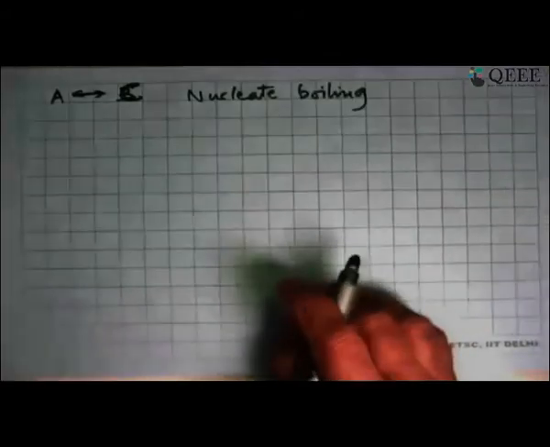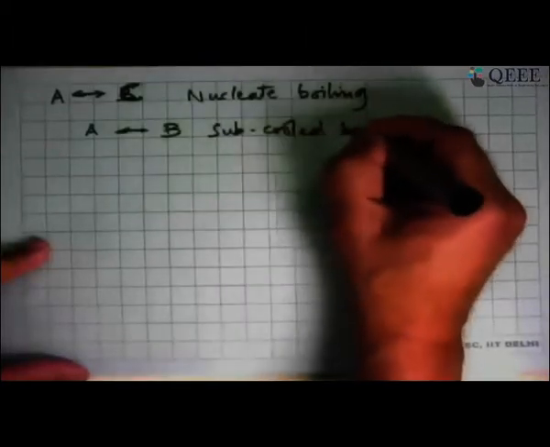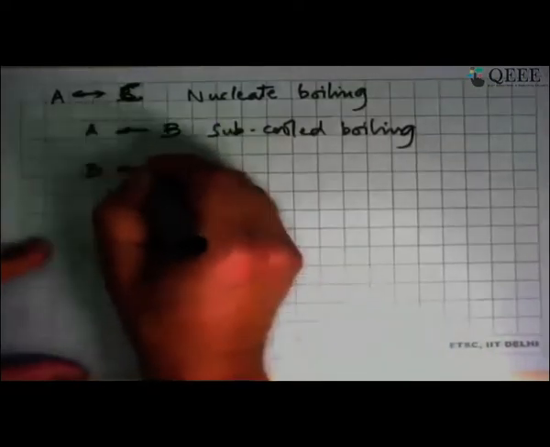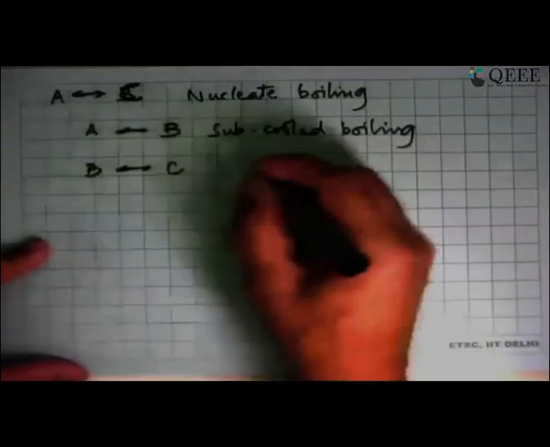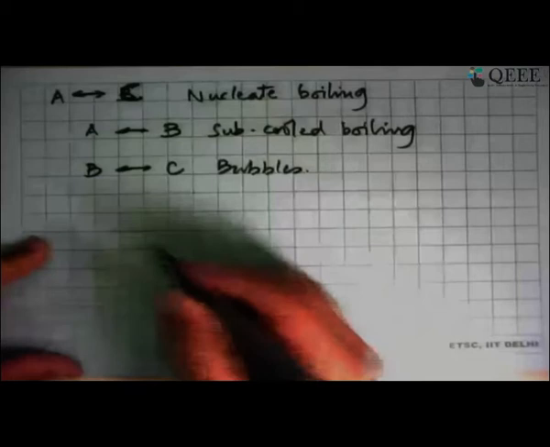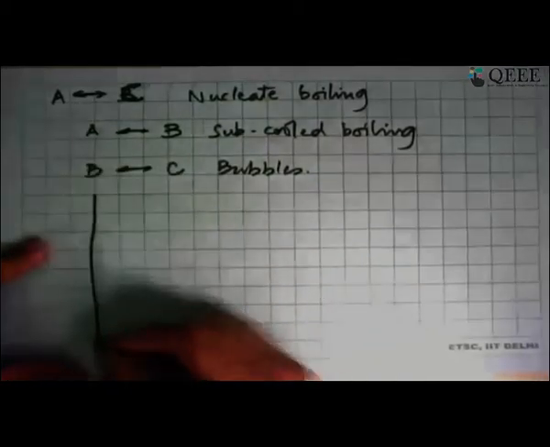Which has got two regions, A to B, which is what is called also subcooled boiling, and B to C, this is, you have bubbles coming to the surface. So let's see the differences between these two.